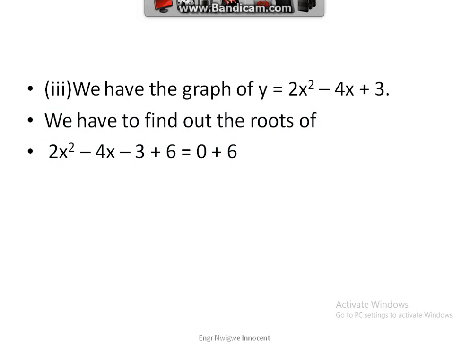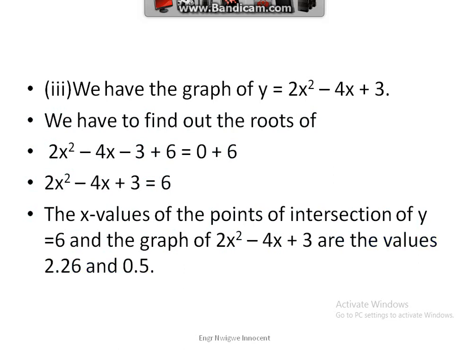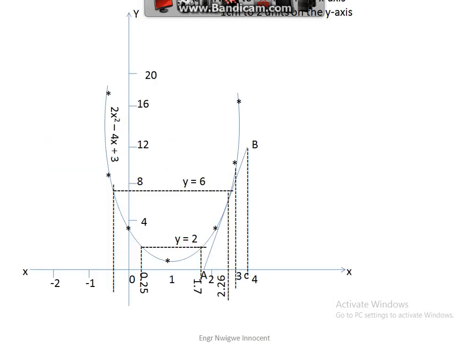Therefore, the root of the equation will now become 2x squared minus 4x plus 3 is equal to 6. The x value of the point of intersection of y equals 6 and the graph of 2x squared minus 4x plus 3 are the values required. Answer 4.